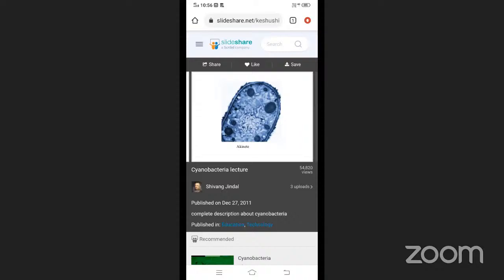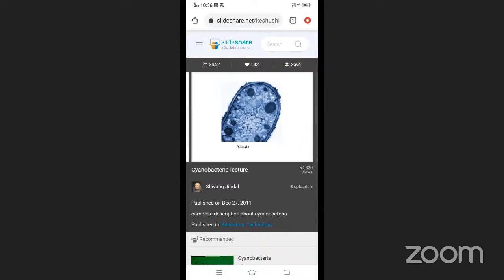That is the endospore. After complete development of the endospore, the thallus wall breaks down and it is released to the environment. So this is the endospore.